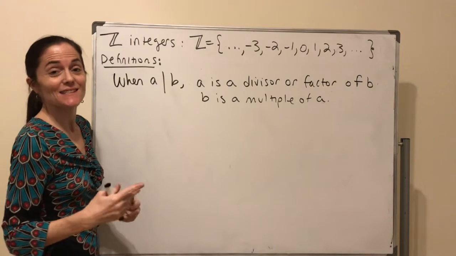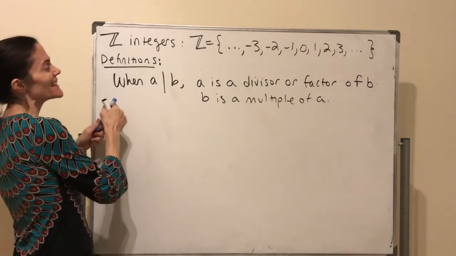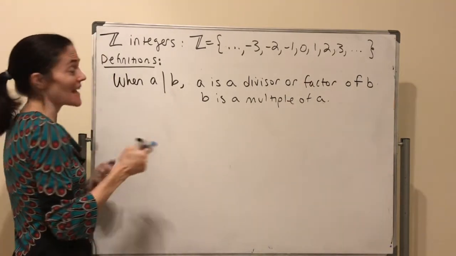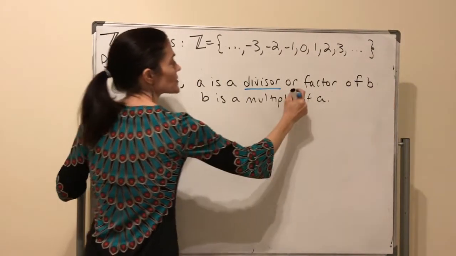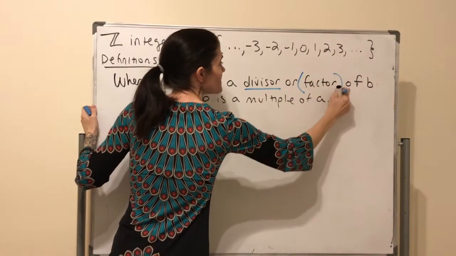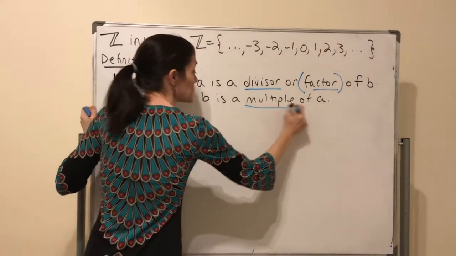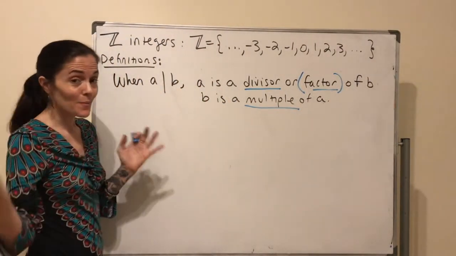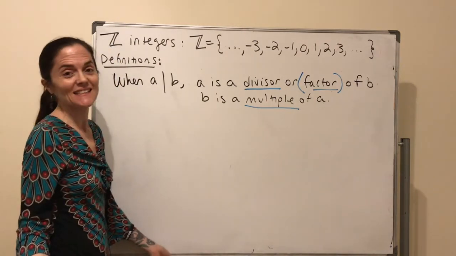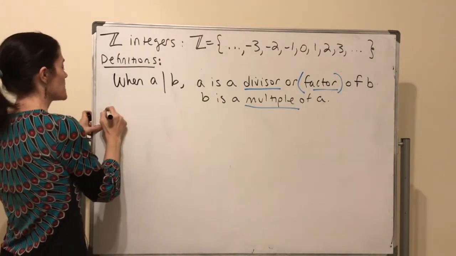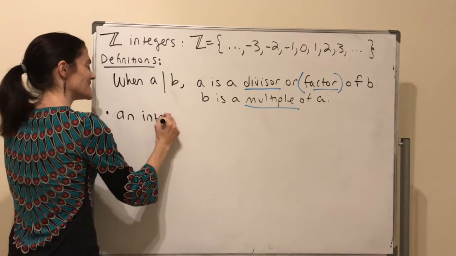Two more things to point out: when we are in this situation, a divides b, we say a is a divisor, or sometimes you will hear factor, of b, and b is a multiple of a. Now immediately we can move into the definition of a prime number, an integer.